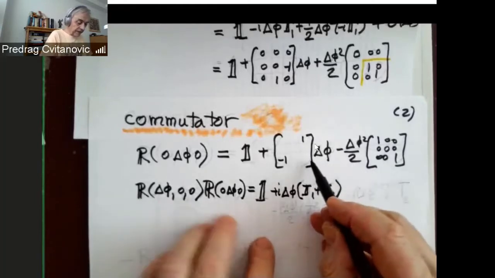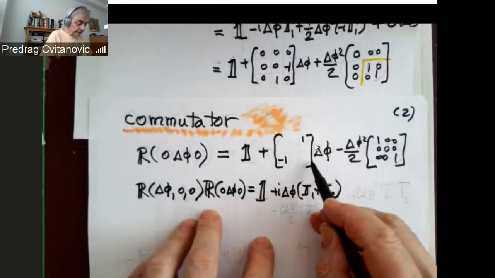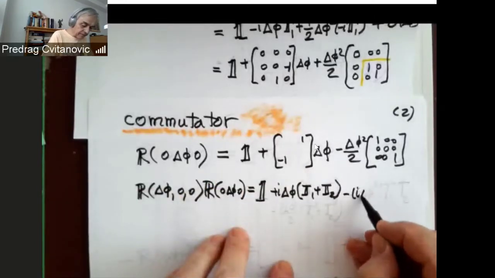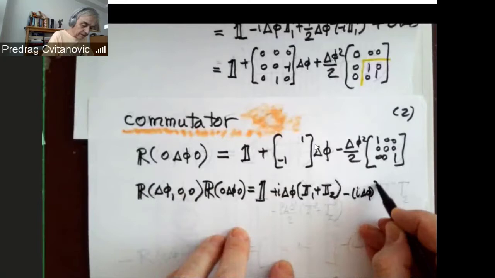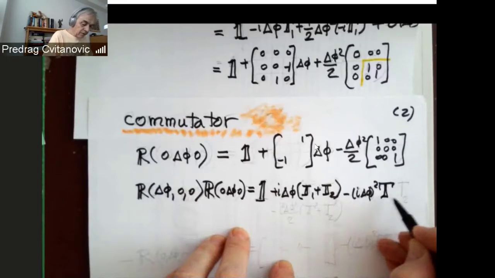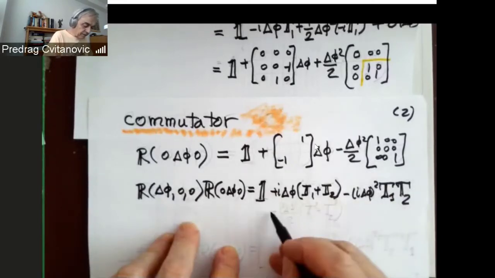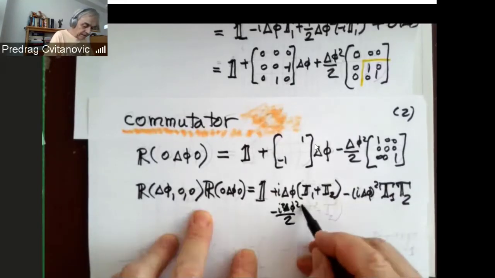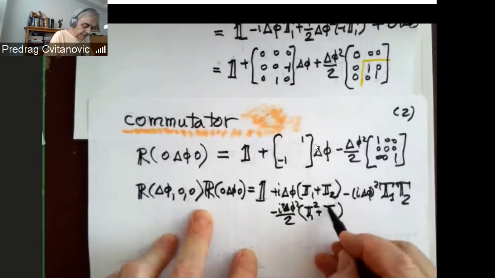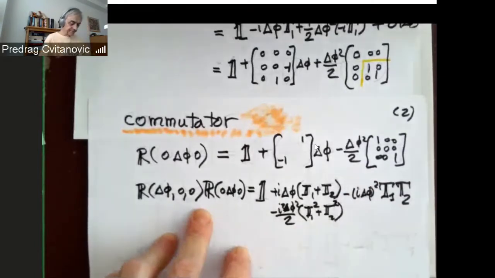To get the second order term, I multiply this by the other one, so I get minus I d phi squared. That's one way to get a second order term. Or I keep these guys, which are always second order, and they just add up from squaring one matrix or the other.